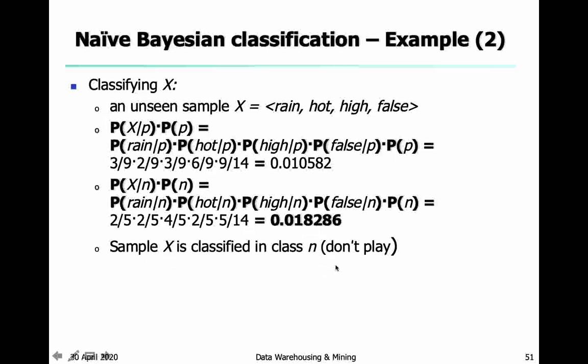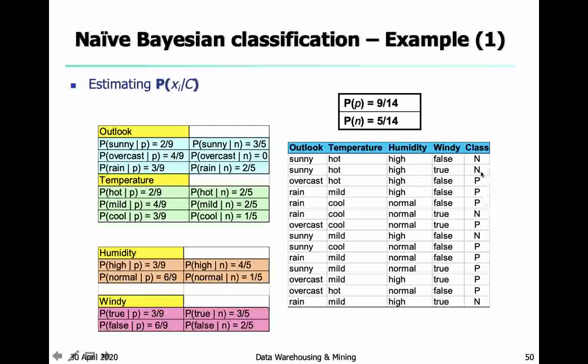That you can do as your homework. Fine. You will take a sample like that, and you will find which class it will belong to according to the classification, right?